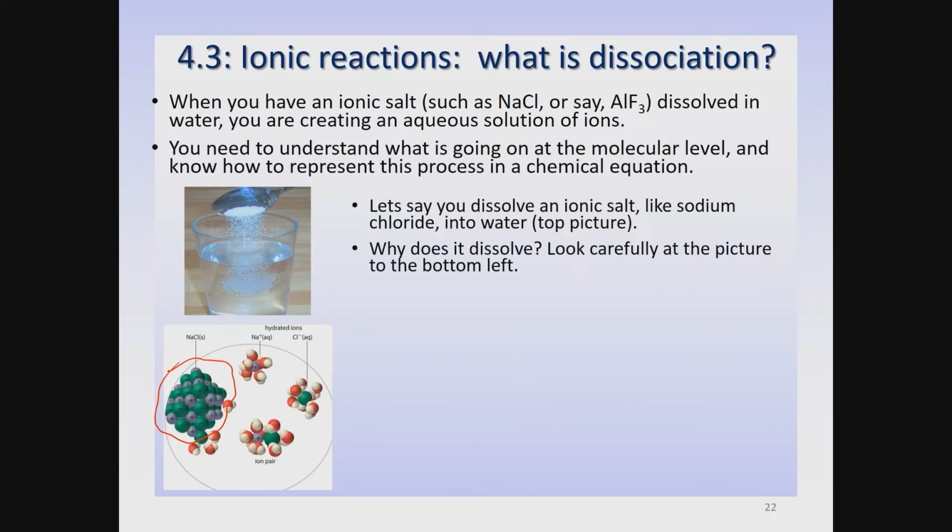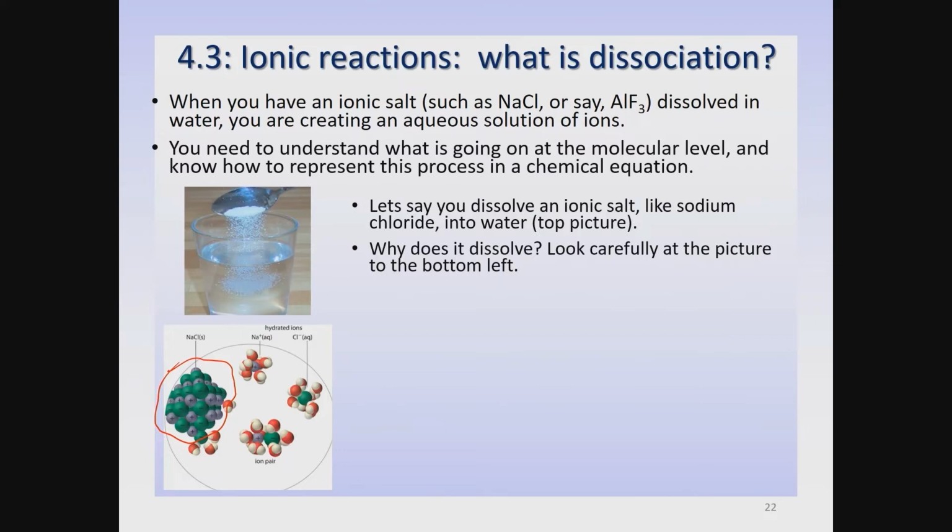You don't need to understand it now, but the hydrogens have a slight deficiency of charge, so they're a little bit positively charged. On the other hand, the oxygen has a slight excess of charge, so it has a bit of a negative charge. So the water molecules orient their positively charged hydrogens toward the negatively charged chloride ion, and that will be able to pull off the ion.